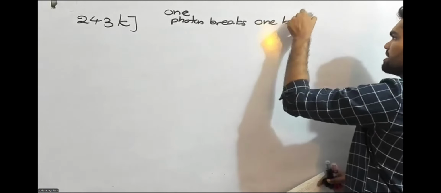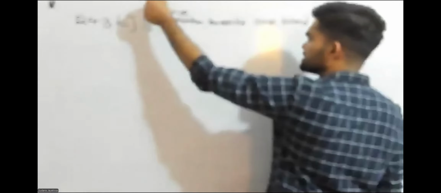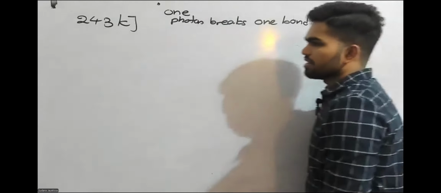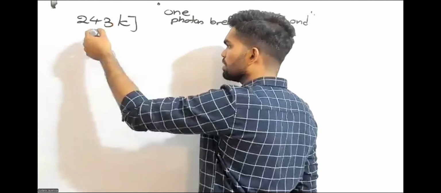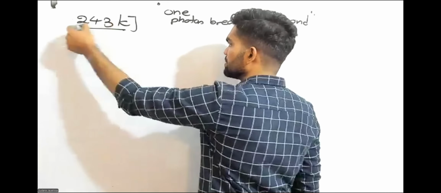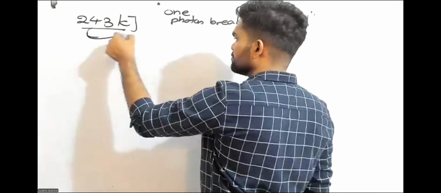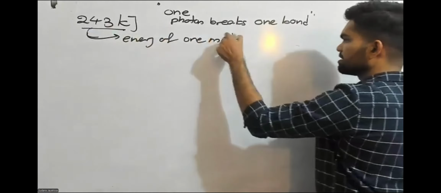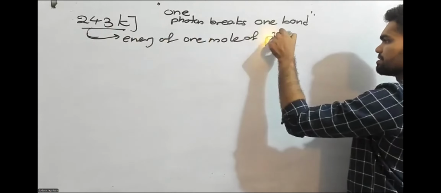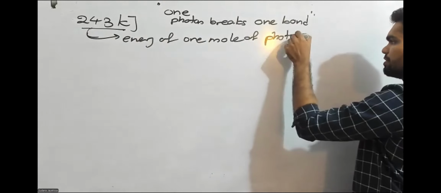That concept you have to understand. Okay, one photon breaks one bond, right? So here this energy is for a mole of bonds. So therefore here you have, this is the energy of what? 1 mole of photons.